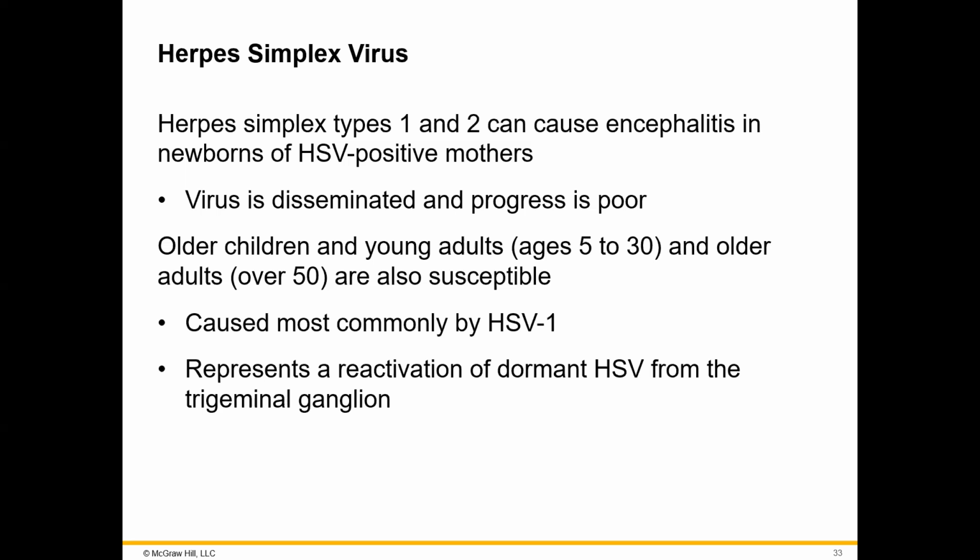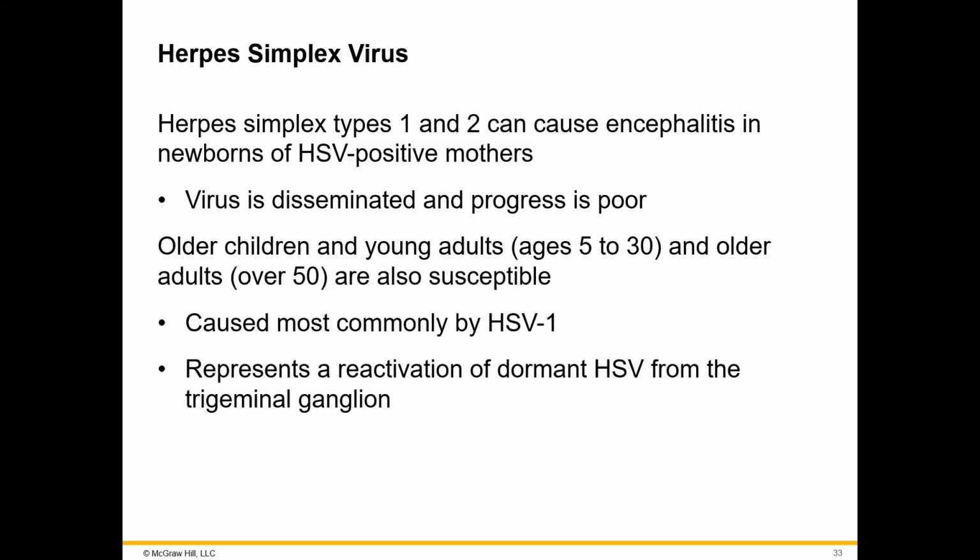Or in the case of babies being born to mothers that have herpes simplex virus 2, the genital version. If you're having an outbreak in the genital region and you are about to go into labor, it's actually against the law to deliver that baby vaginally. This is because of the risk of infection to the baby. So if you're having an active outbreak of HSV2, you are not allowed to give birth vaginally.